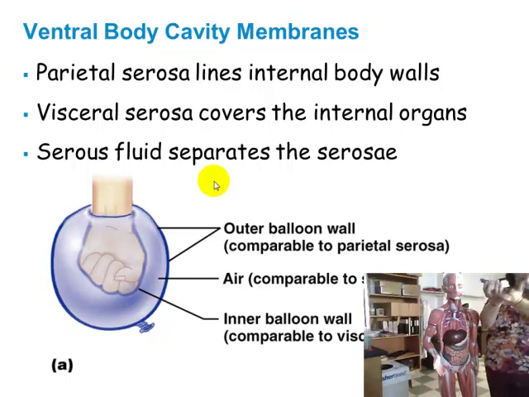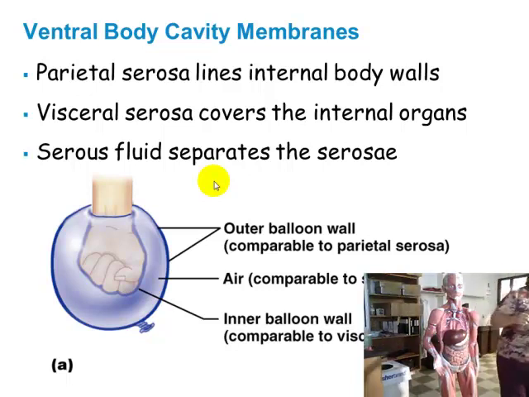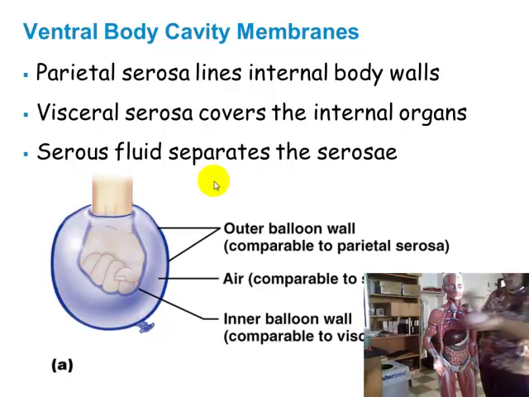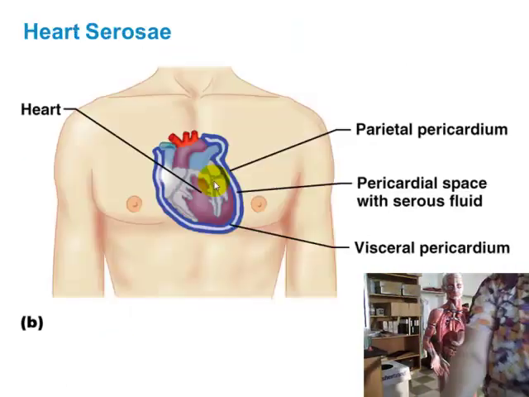So you could imagine if you had a balloon and you put your fist into the balloon, there'd be the layer of the balloon around your hand, a space filled with air, and then the outside of the balloon. That's basically what the serosae look like. We will talk about the serosae more in depth in chapter 4 when we look at the tissues. So that was the heart serosae.